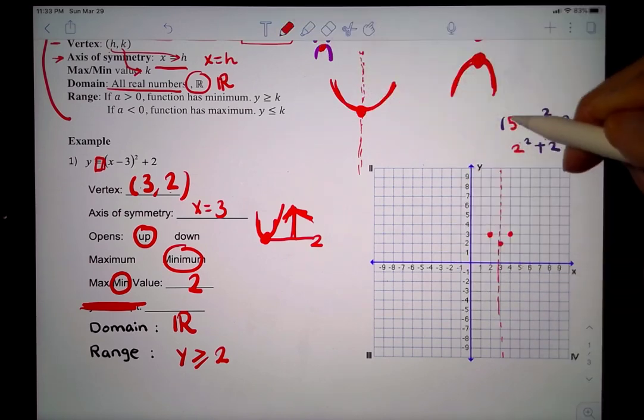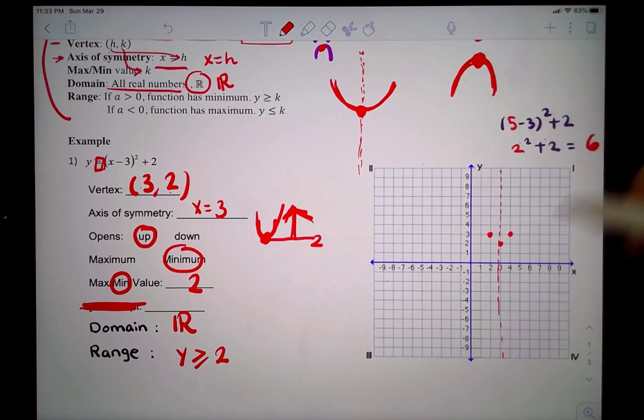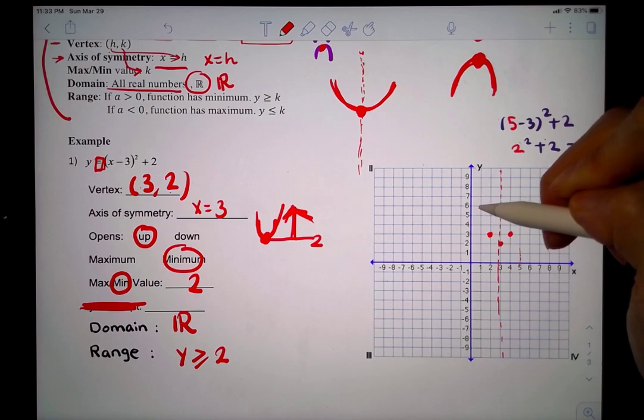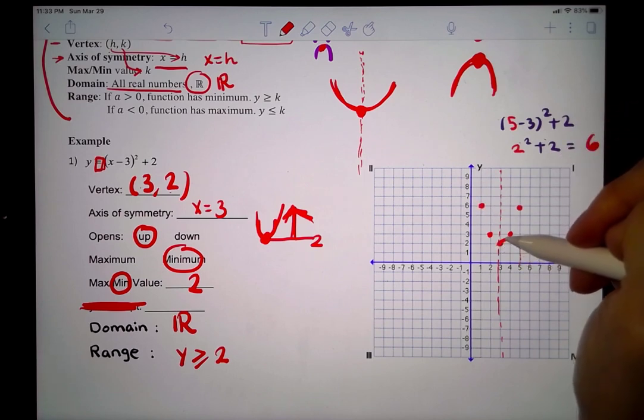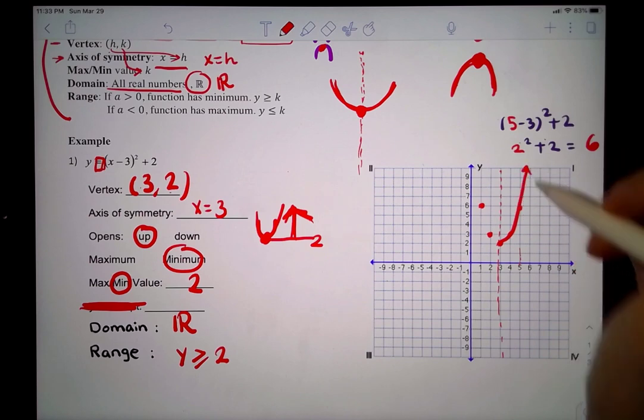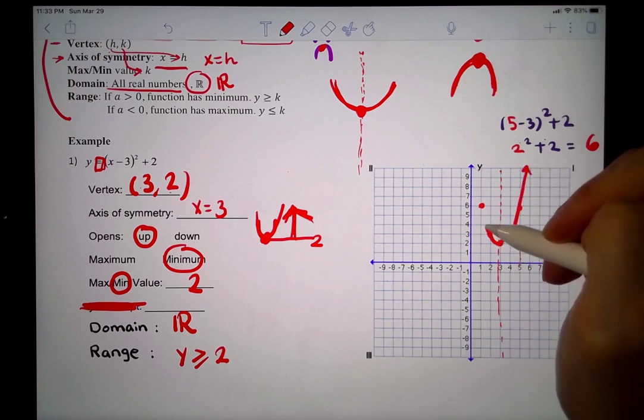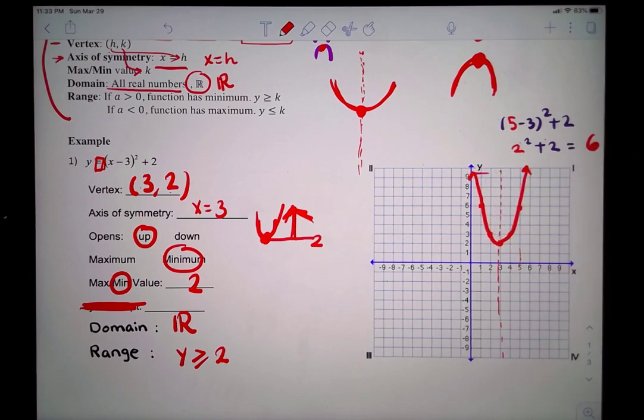So when I put 5, you get 6. Like this, okay? And then you just connect it. Don't make it a V shape, all right? It's like a U, so make a curve, all right? Then you're done, okay?